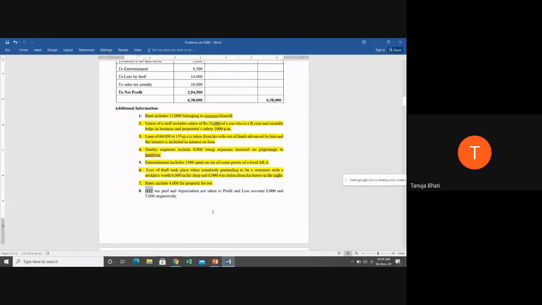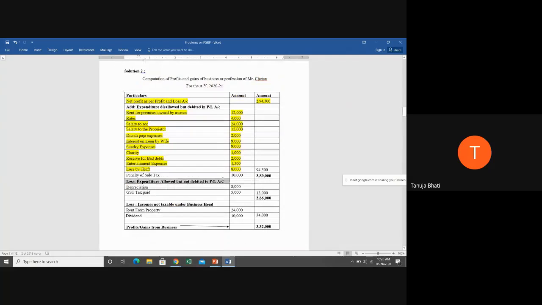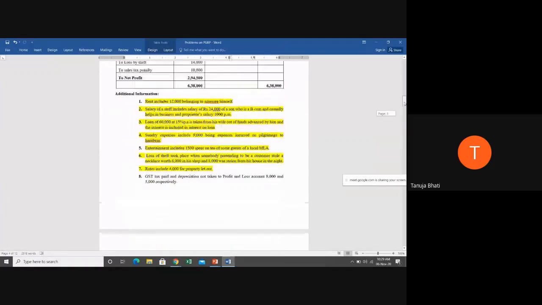So actually it had to be taken in the P&L account, but it has not been taken. So we are going to deduct expenditure allowed but not debited to the P&L account, that is GST tax paid of rupees 5,000. Why? Because it was not debited to the P&L account.